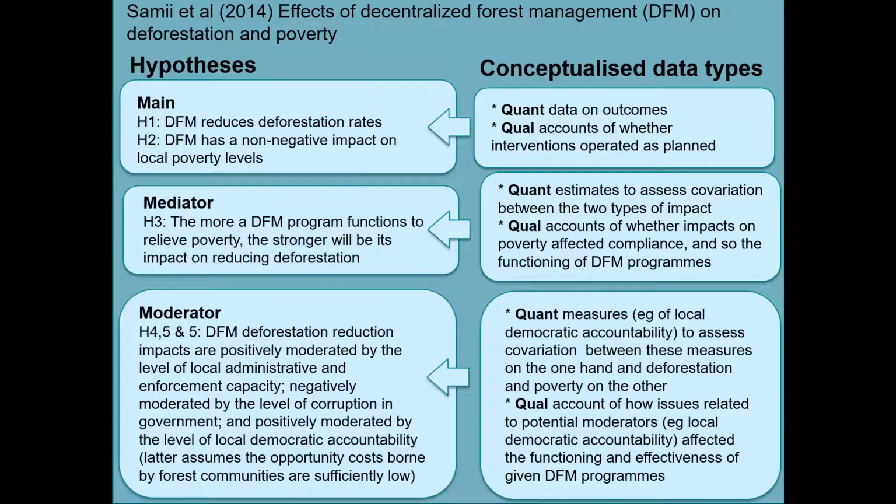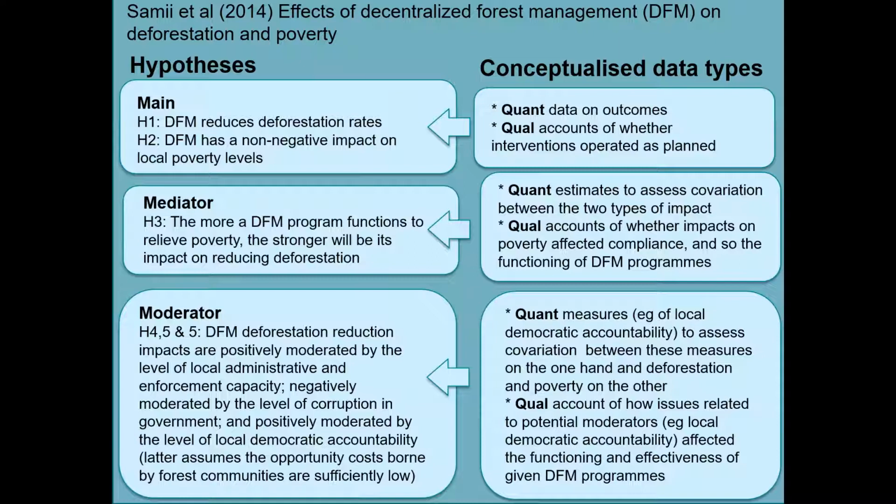And these are some ideas about how this group conceptualized their work. So they had specific questions, and there at the bottom are some questions about moderators. And I picked out the one about deforestation reduction impacts being positively moderated, at the bottom, by the level of local democratic accountability.